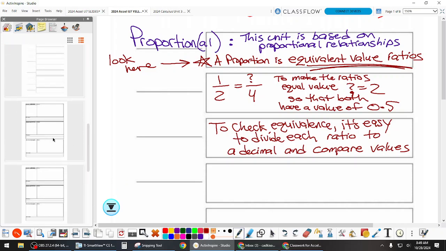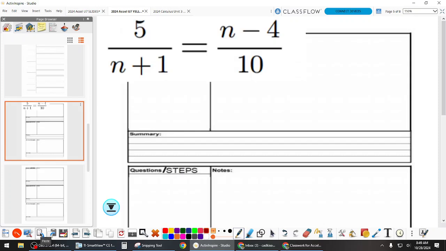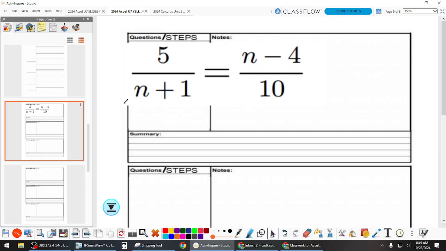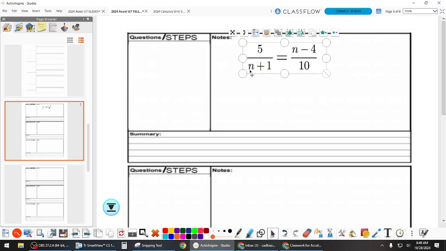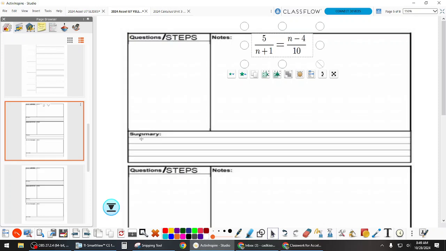I need notes. I guess we'll go back and add the note to the front in a second. So, go ahead and write that. And we're going to call this solving proportions.